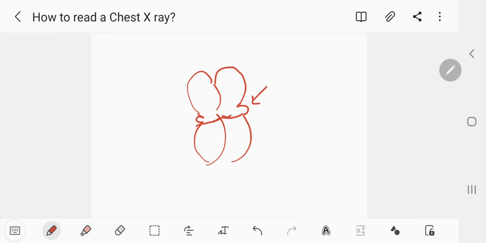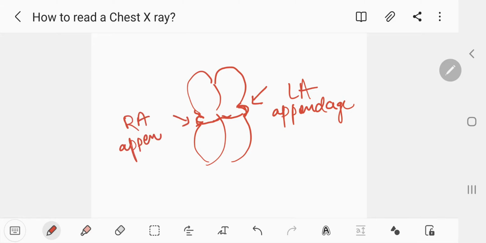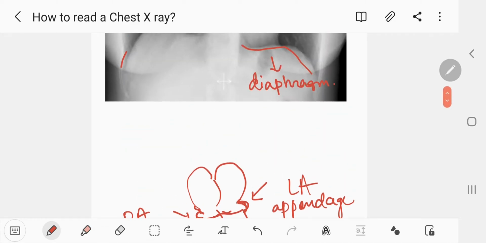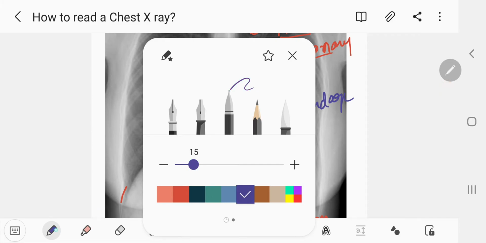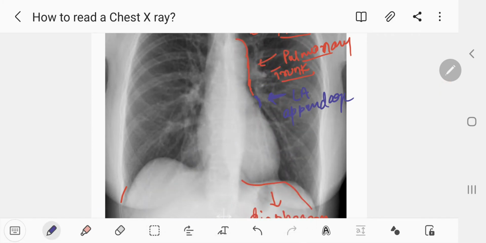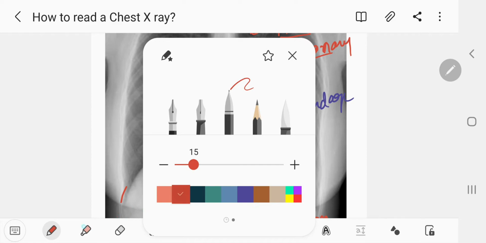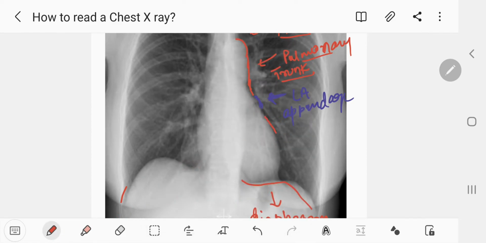It's like an outpouching in the muscular wall, present on both sides, and this is known as an appendage. If it's on the left side, it's the left atrial appendage; if it's on the right side, it's the right atrial appendage. So this border over here is formed by the left atrial appendage.